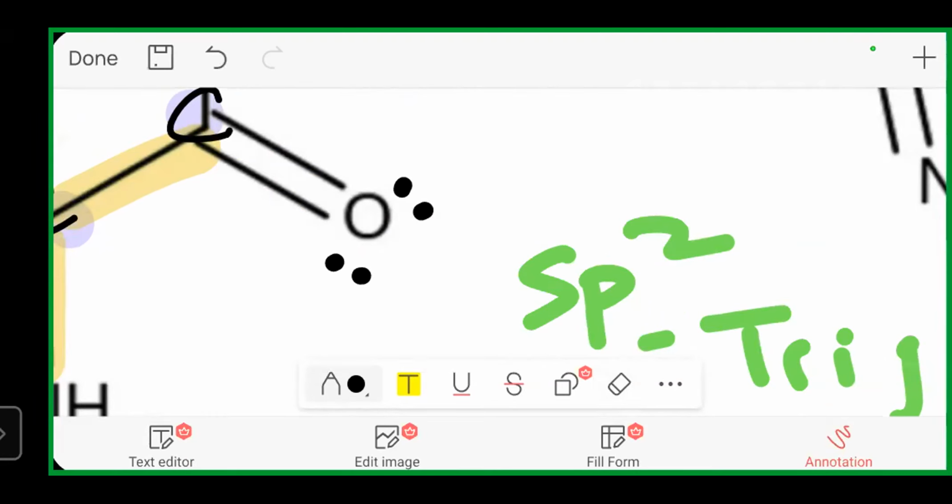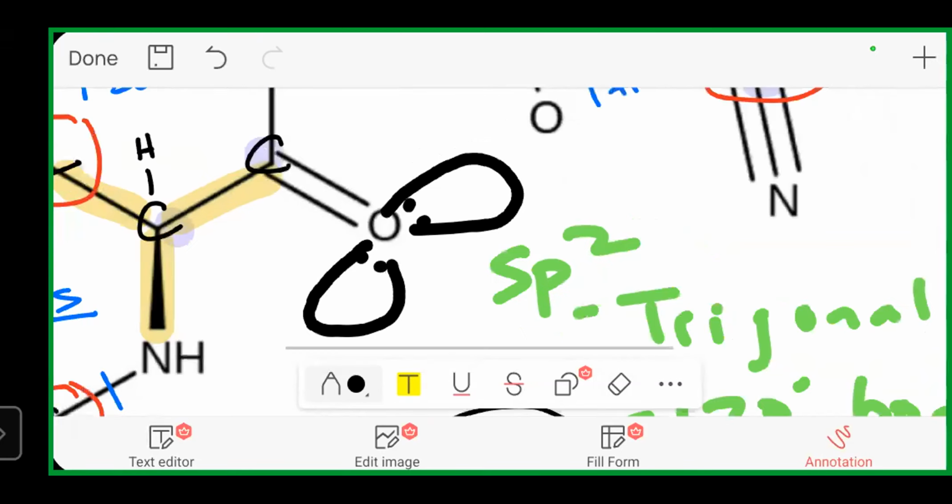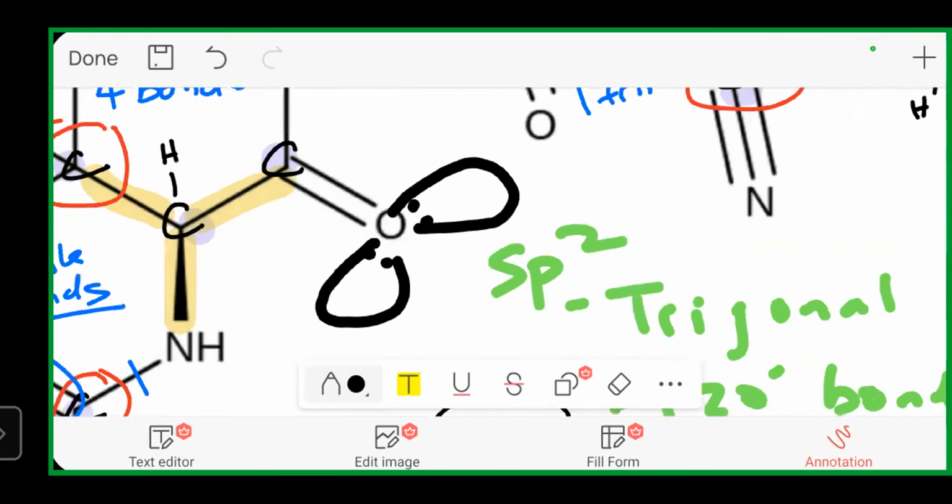When we draw lone pairs in, normally we just draw them flat in 2D. But in reality, the lone pairs are actually sitting in orbitals. So that oxygen right there, the lone pairs count as a group. When we look at the oxygen, it has 2 lone pairs and a carbon bonded to it, and it also has a double bond.